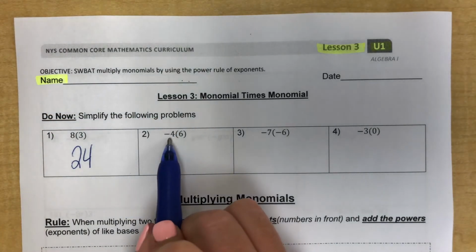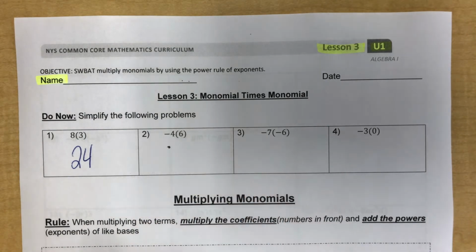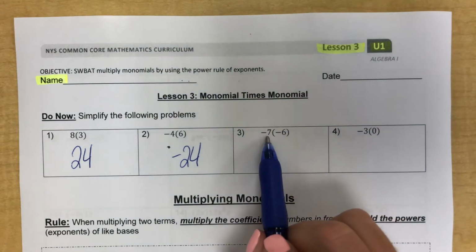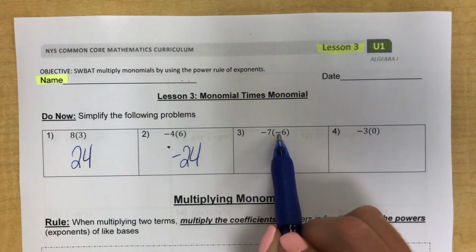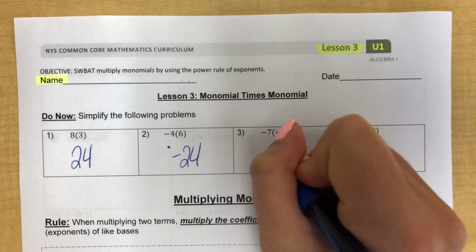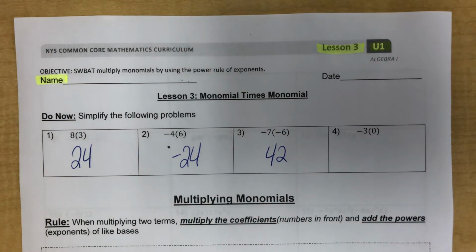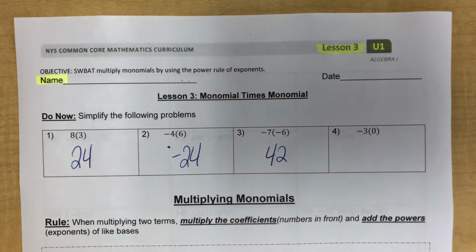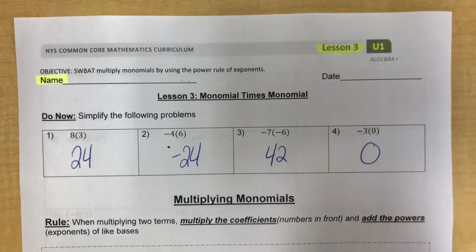Number 2, what's negative 4 times 6? Negative 24. Number 3, what's negative 7 times negative 6? Positive 42. And then number 4, what's negative 3 times 0? Well, anything times 0 is just 0.